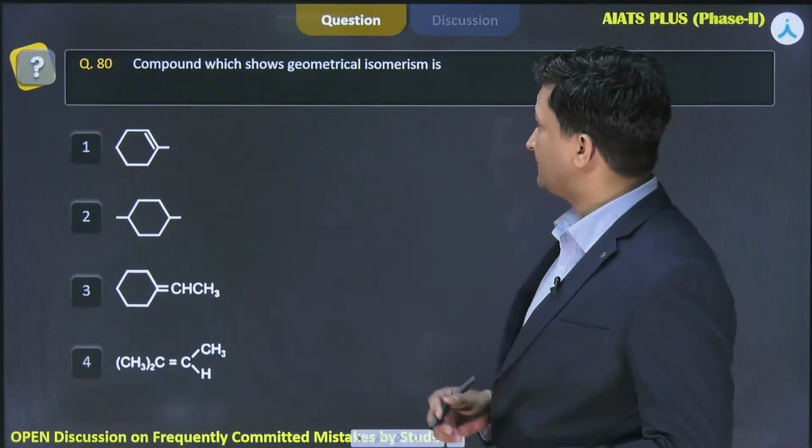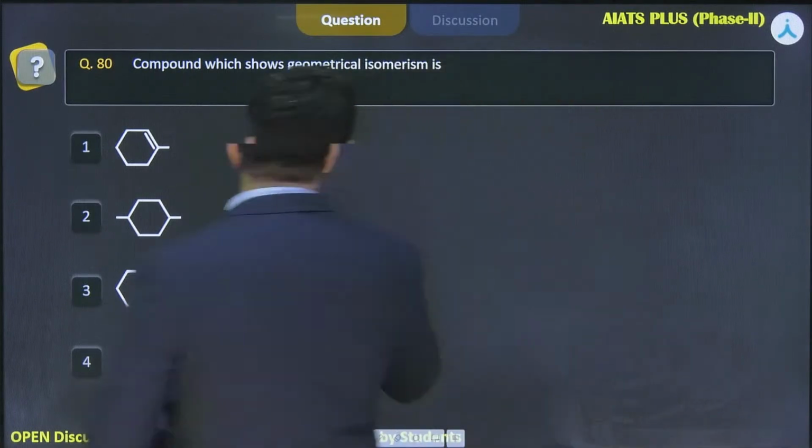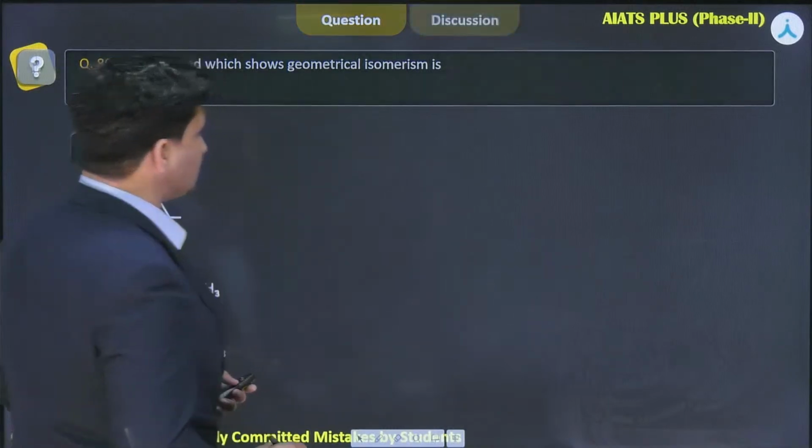So yes, compounds which show geometrical isomerism. First of all, let's learn about geometrical isomerism.